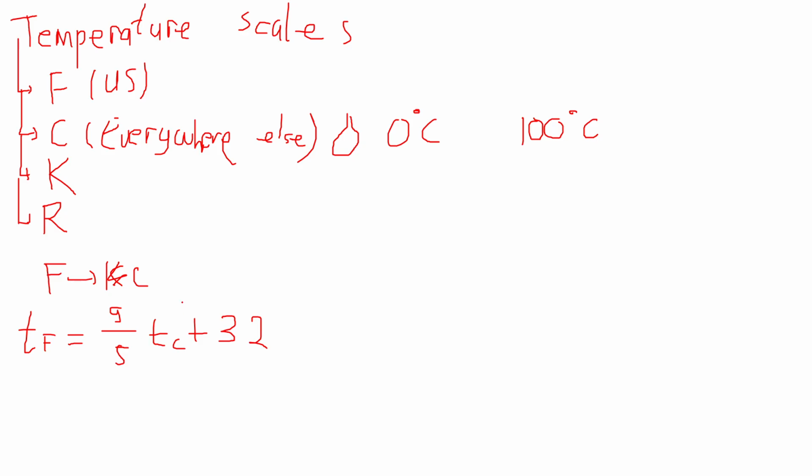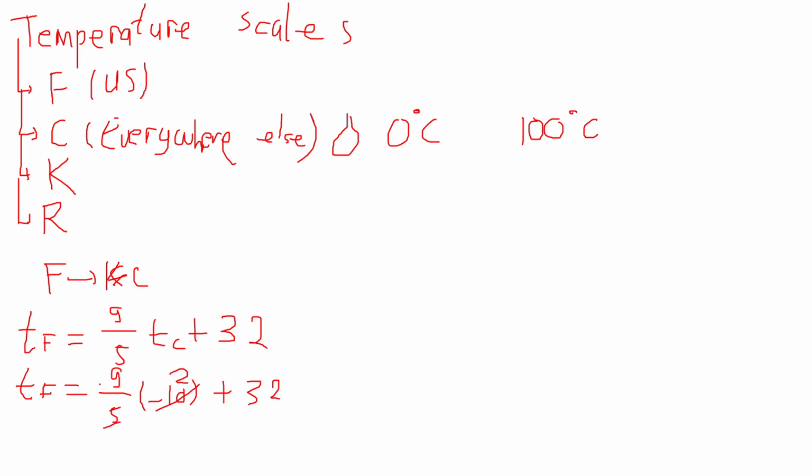Let's say the heat in Celsius is -10 Celsius. So it would be 9/5 times -10 plus 32. You can cross this out.